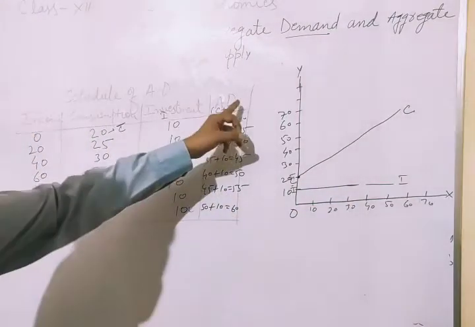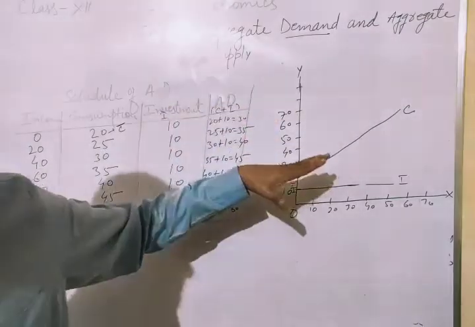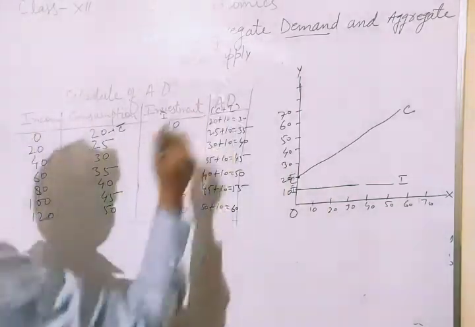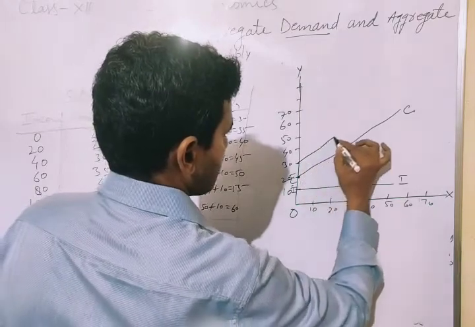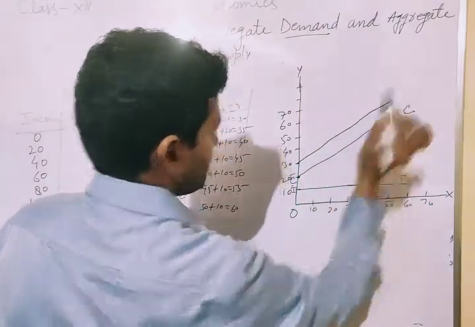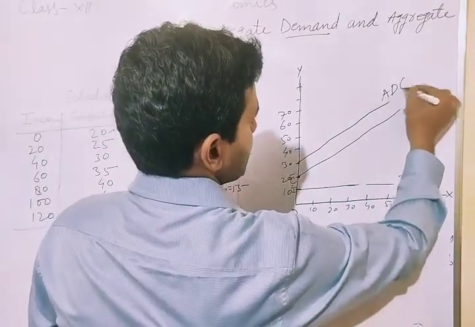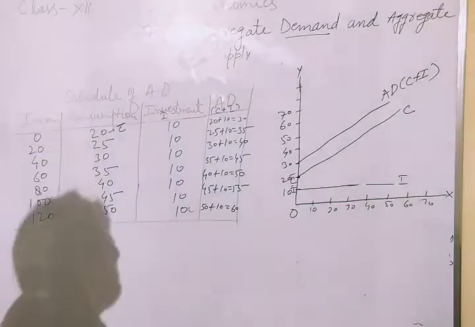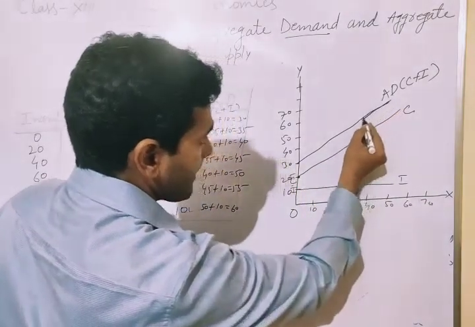Now we know that AD or aggregate demand is the combination of consumption and investment. So it will start from here, from 30, and the slope will become similar to the slope of consumption. Why are these two slopes similar?